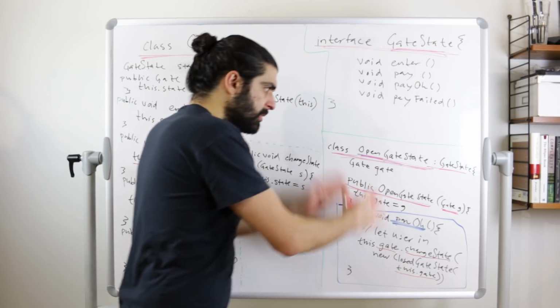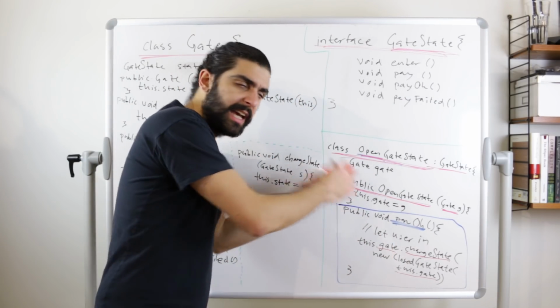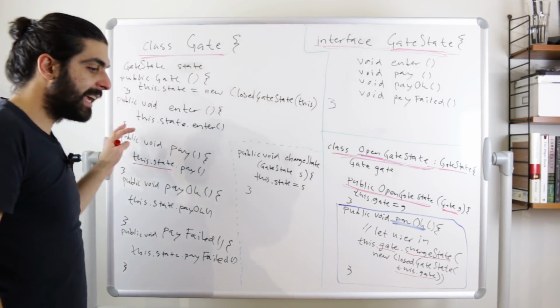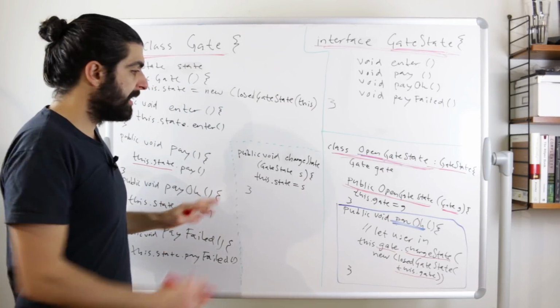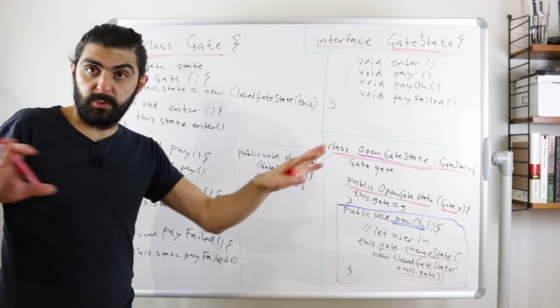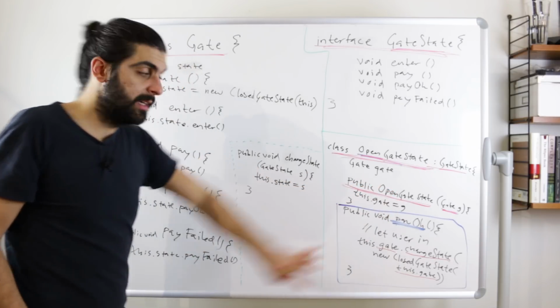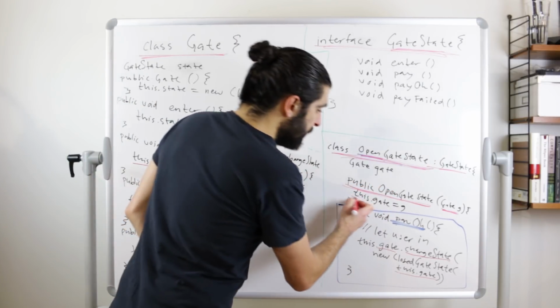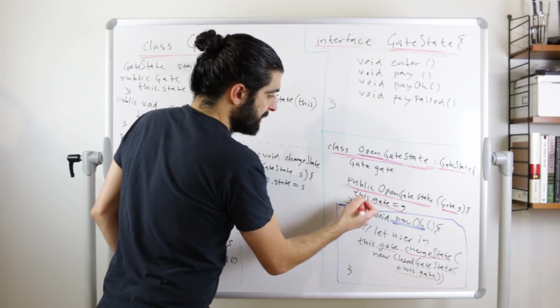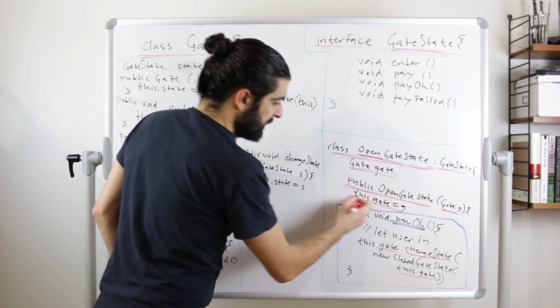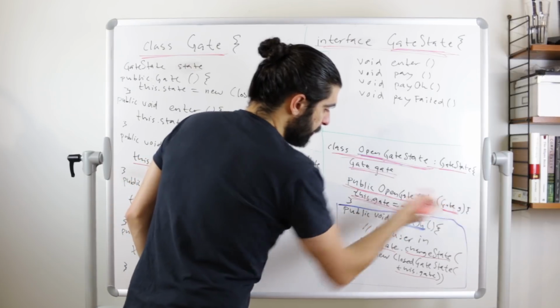So whenever you produce a gate state, you need to give it a reference to the gate it is a state of. Again, there are some slight nuances between different versions of the state pattern, so you may or may not do that, but in this case, we're doing that. And then we assign the gate that we were passed in to an instance variable. So we say this.gate equals the g that we were passed in.